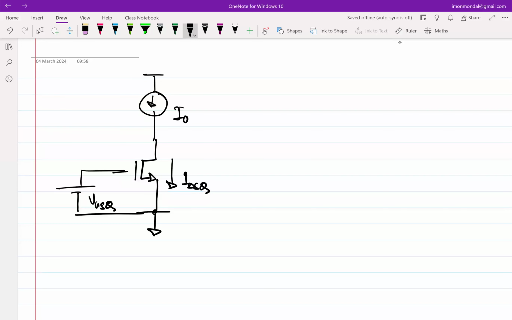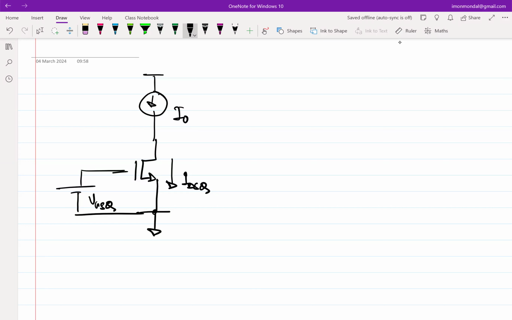And this is only going to work if magically IDSQ is exactly equal to I0. And it need not necessarily be the case because of changes in temperature, changes in ambient condition, or some inaccuracy in calculations of your current to the nth decimal place. It need not be the same.